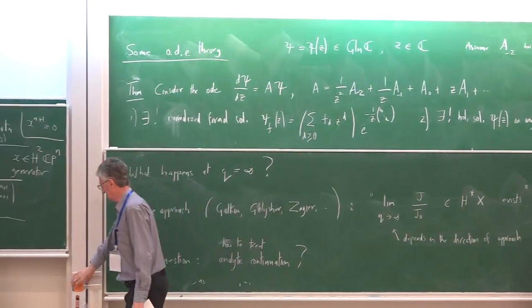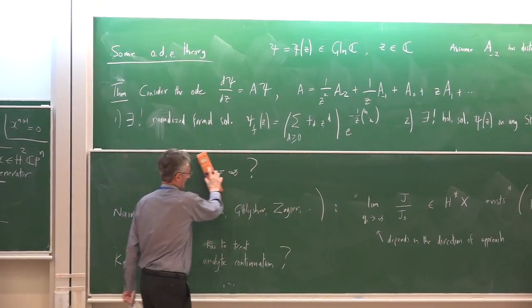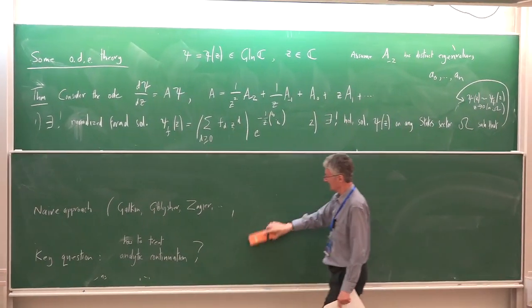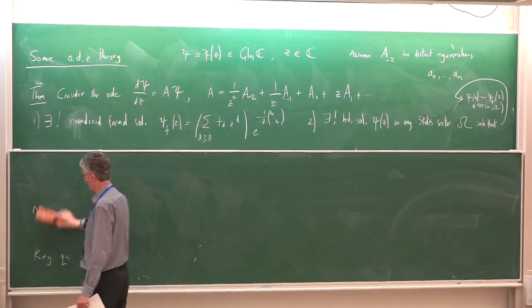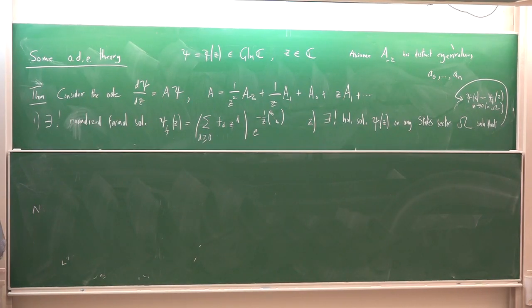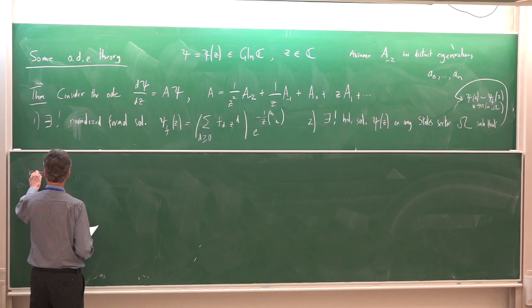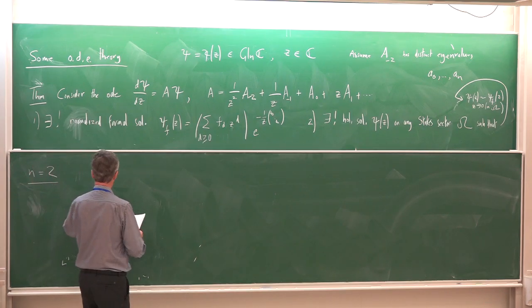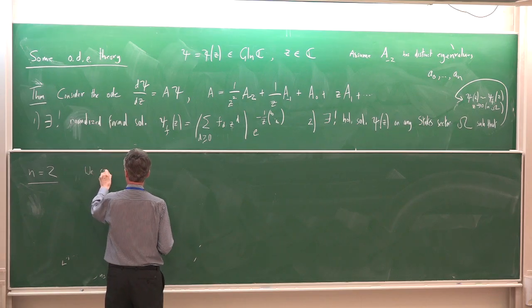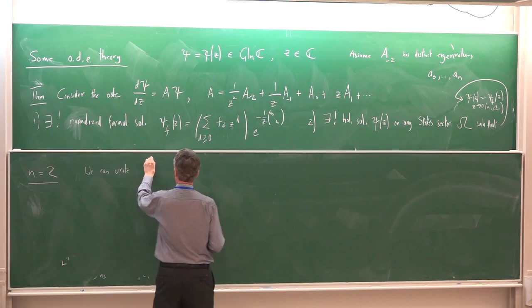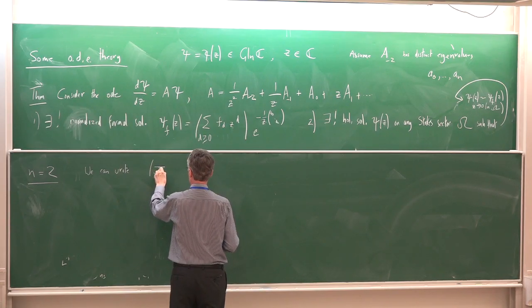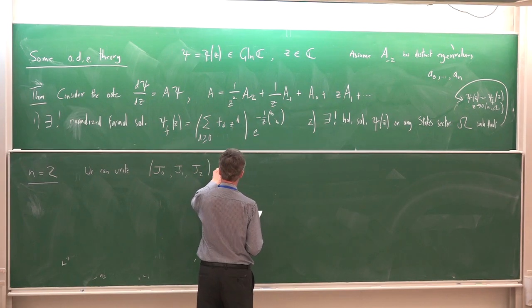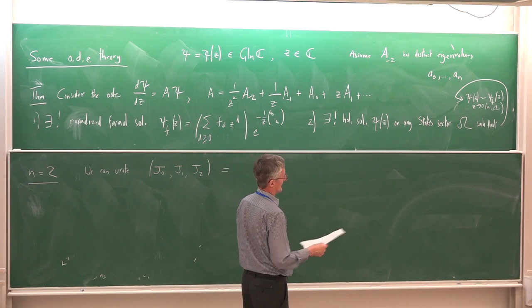Well, let's take the 3x3 case because I can easily write that on the blackboard. So CP2, that means n equals 2, the 3x3 case. Well, we can write the top line J0, J1, J2 as a linear combination of the other solutions.